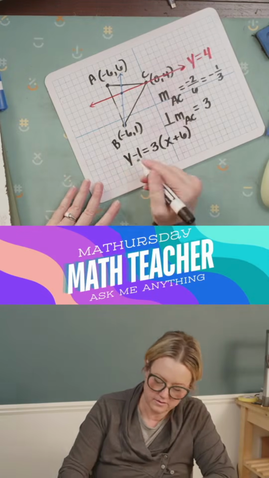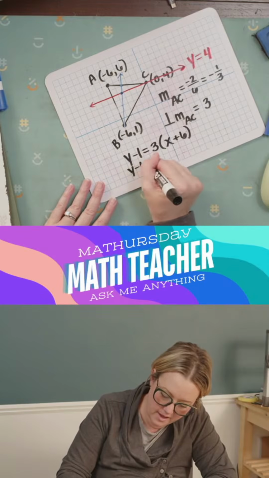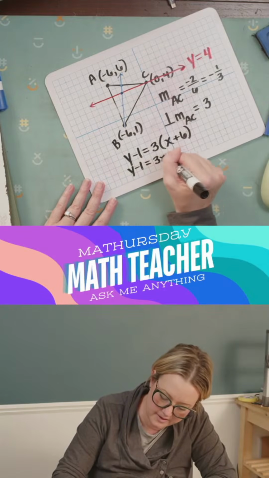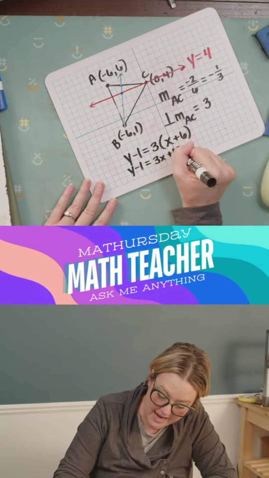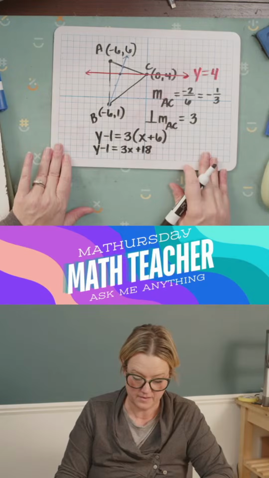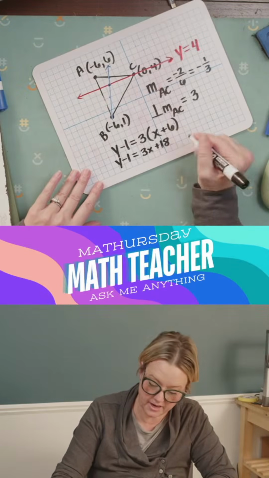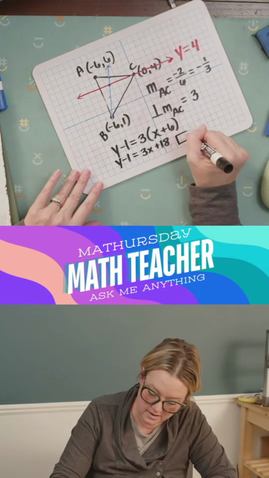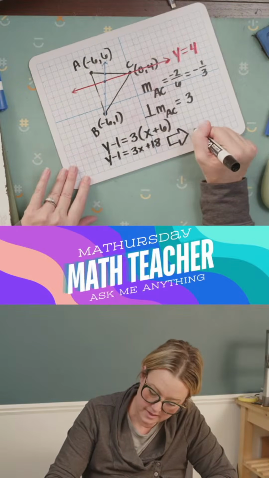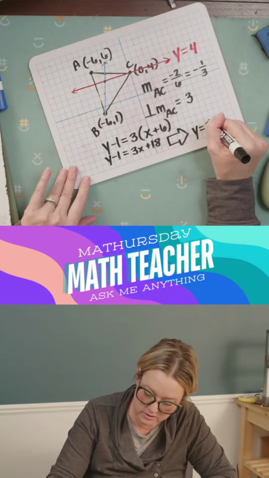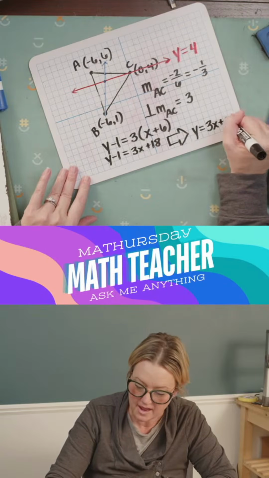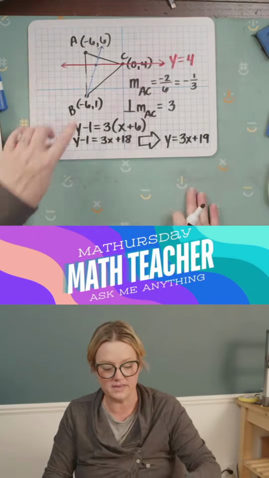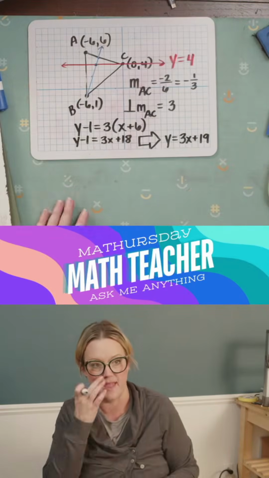Okay. So that's going to be y minus 1 equals 3x plus 18. So my equation for this one is going to be y equals 3x plus 19. Now I can't graph that whole line, right, to get up to the y-intercept on that.